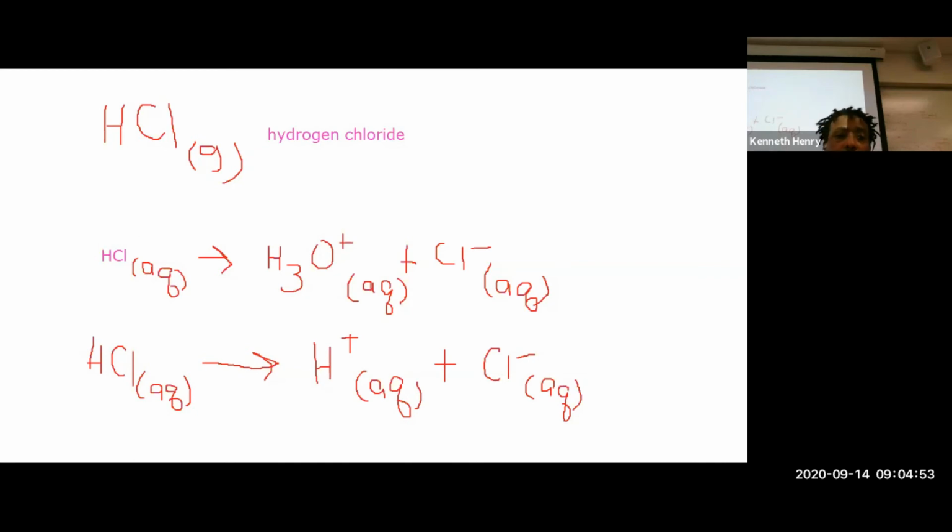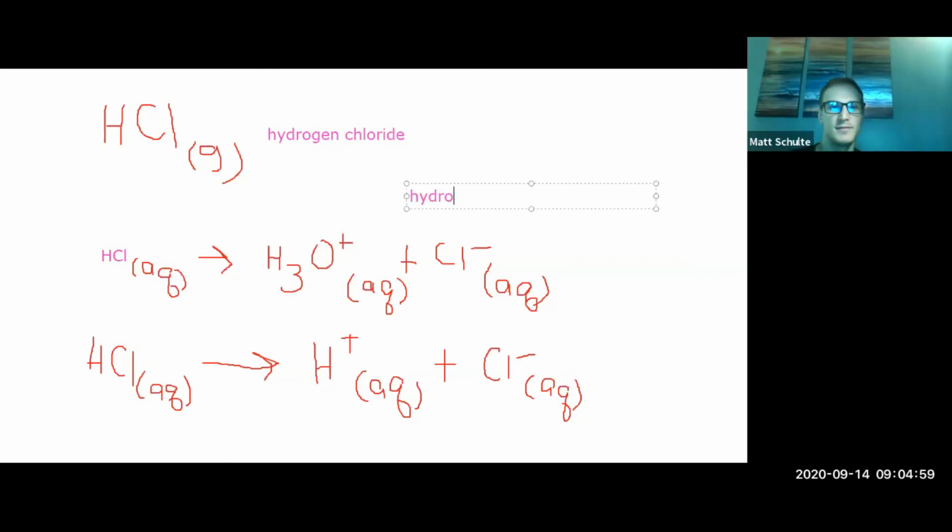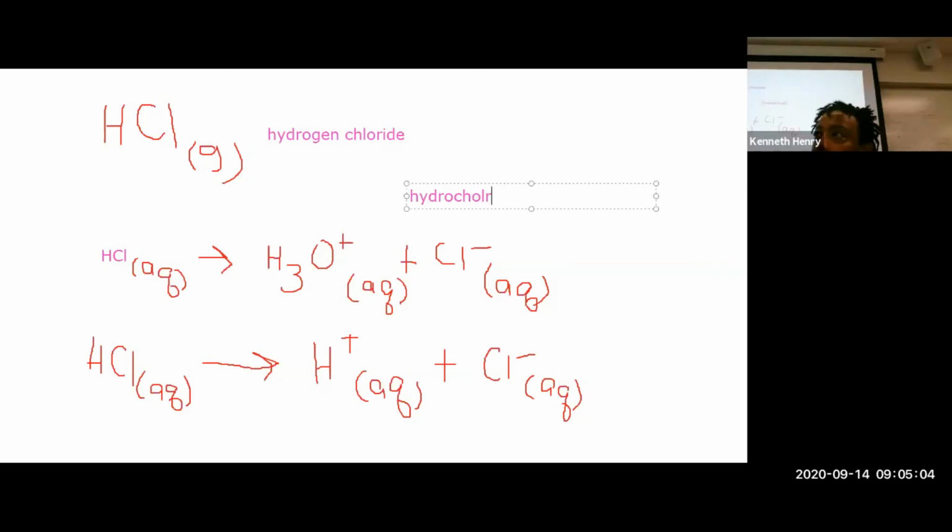So strong acid. And so this acid here is going to be called hydrochloric acid. I'm going to teach you a little rhyme to kind of help you remember. My ride has hydraulics, and it's spelled wrong, I know.